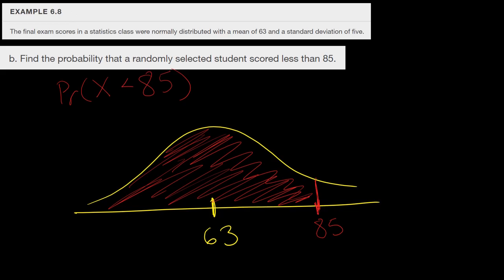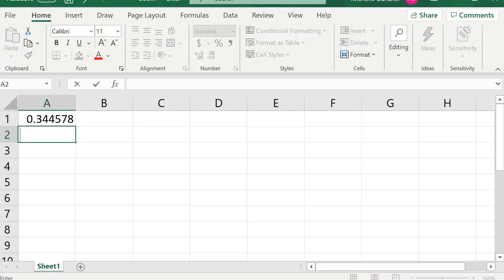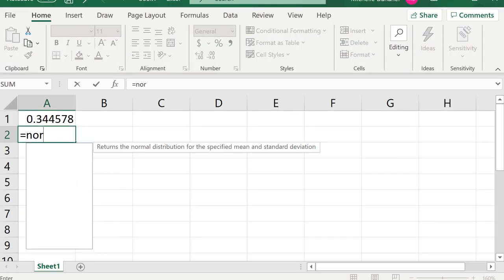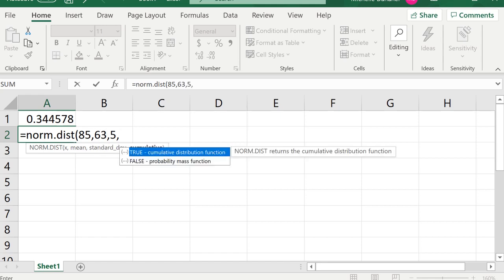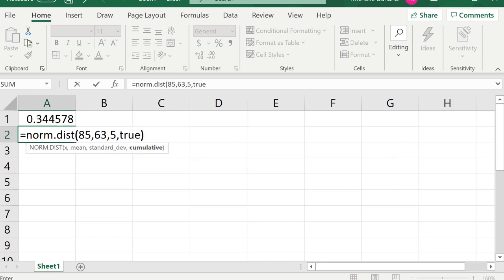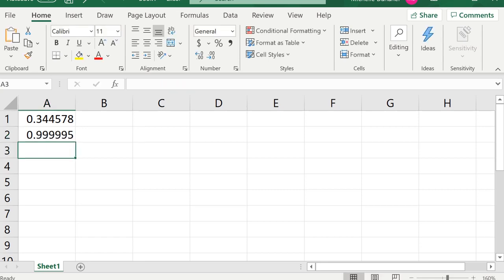So let me go back to Excel. And I'm going to type equals norm.dist, open parentheses. Right now, x is 85 because we're trying to find the probability that x is less than 85. The mean is still 63, and the standard deviation is 5. You always type true for cumulative. 0.99999 keeps on going like that.